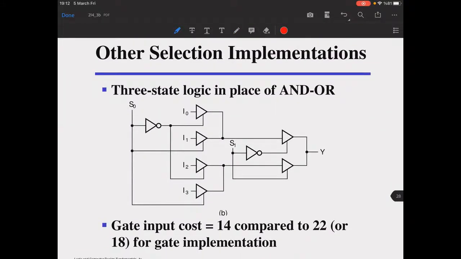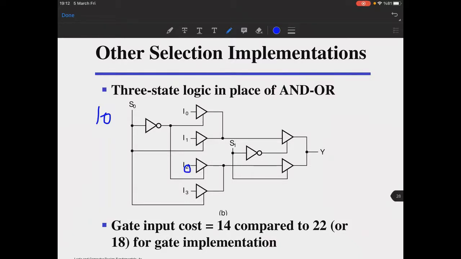And you can have other selection implementations where you implement the same structure with 3-state logic gates, and here you don't use AND and OR gates. As you see, for example, with 1 0, this one will be seen at the output. Let's check.